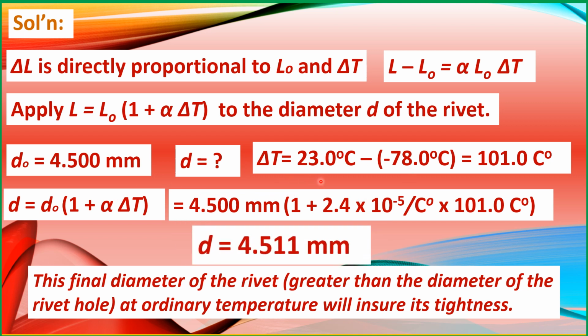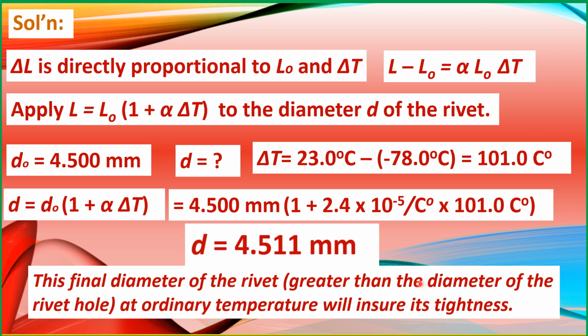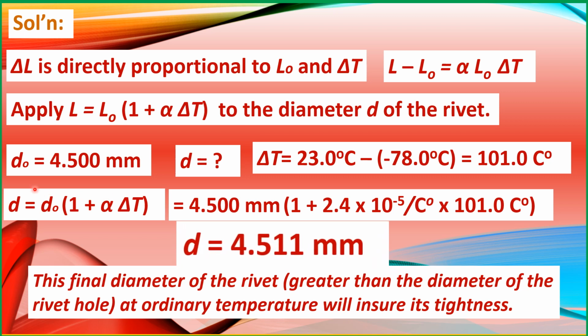But nevertheless, you will still arrive at the same value for the final diameter, the one that we got here, 4.511 millimeter. So probably you can try that also, all right?